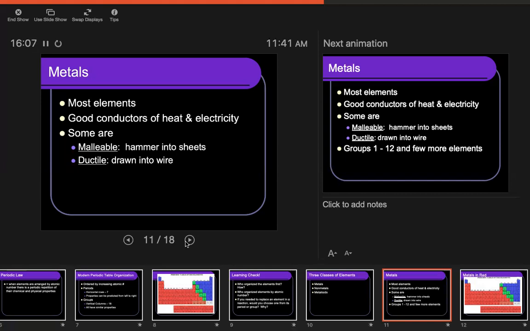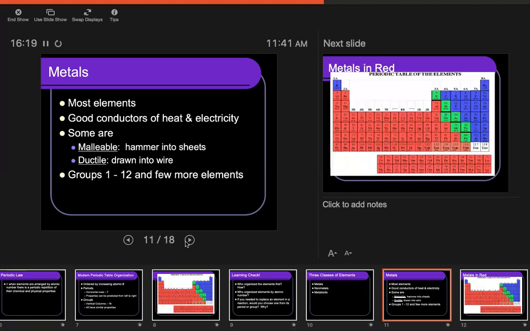So most of the elements on the periodic table are metals. That means they're probably good conductors of heat and electricity, and some of them will be malleable and ductile. You're going to see these in groups 1 through 12, plus a handful of elements that are part of groups 13, 14, and 15.